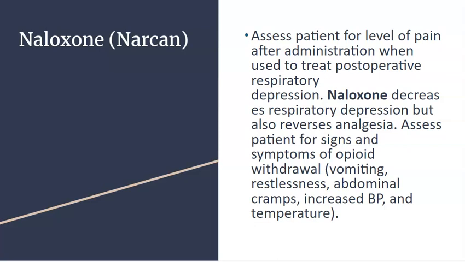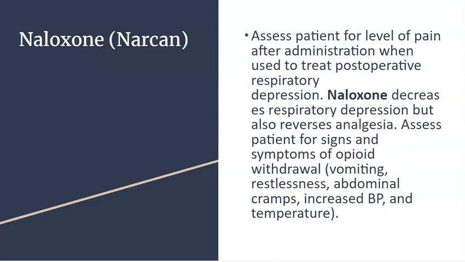So with Narcan, you want to assess your patient for level of pain after administration. We use it to treat postoperative respiratory depression. We know that it decreases respiratory depression, but also reverses that analgesia.